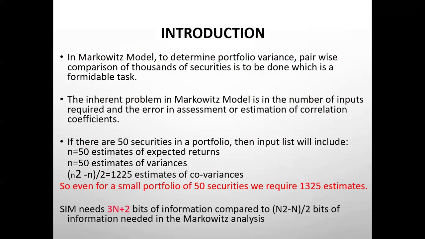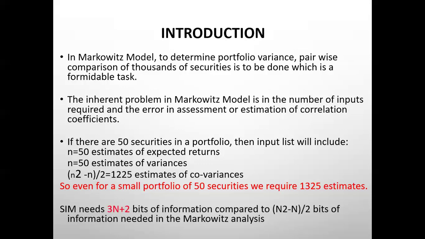But to determine the portfolio variance in the Markowitz model, we need to have hundreds and thousands of securities to be compared, which is a formidable task. We have to maintain comparison of so many securities. For example, if there are 50 securities in a portfolio, the input list will include 50 expected returns, 50 estimates of variances, and 1225, meaning n square minus n by 2, estimates of covariances.